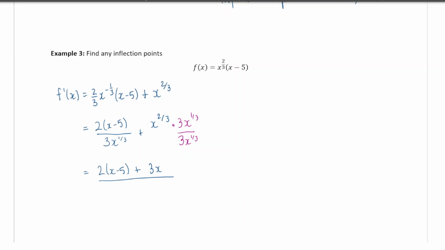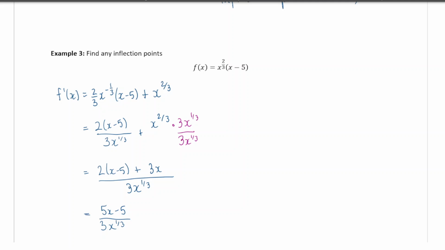And then the entire denominator would just be 3x to the 1/3. Okay, so you can pull those together now because they have the same denominator. Now we can collect like terms. So we get 5x minus 5 all over 3 times x to the 3rd.